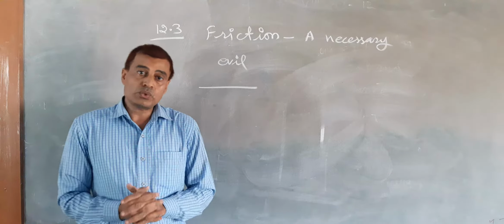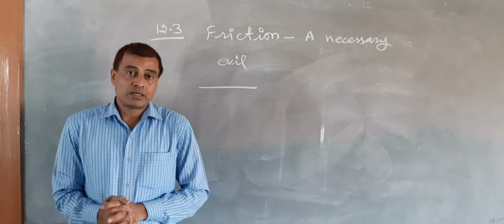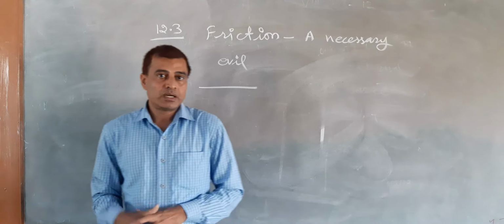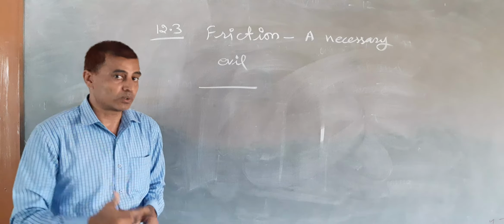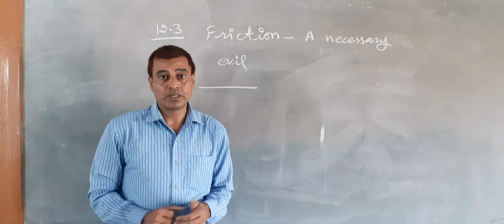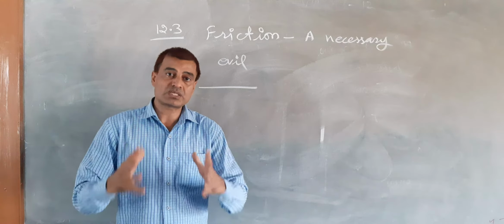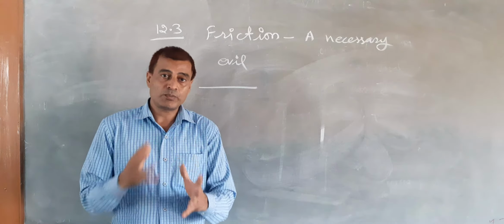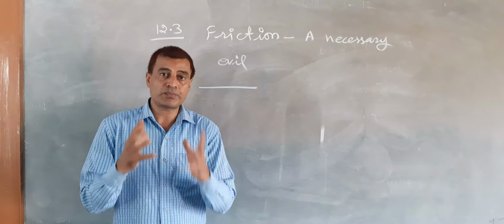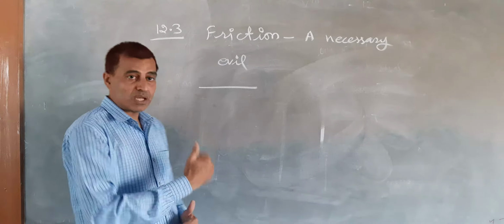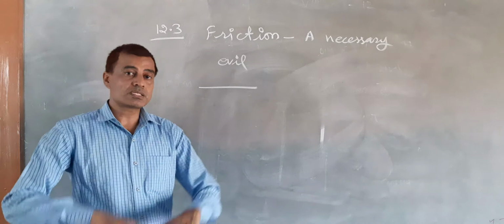When you switch on your fan, then after half an hour, after switching off, touch its body. It becomes very hot. That is due to the friction, because friction is there between the surfaces which are moving on one another. It means it is very much undesirable. It is evil in some places.